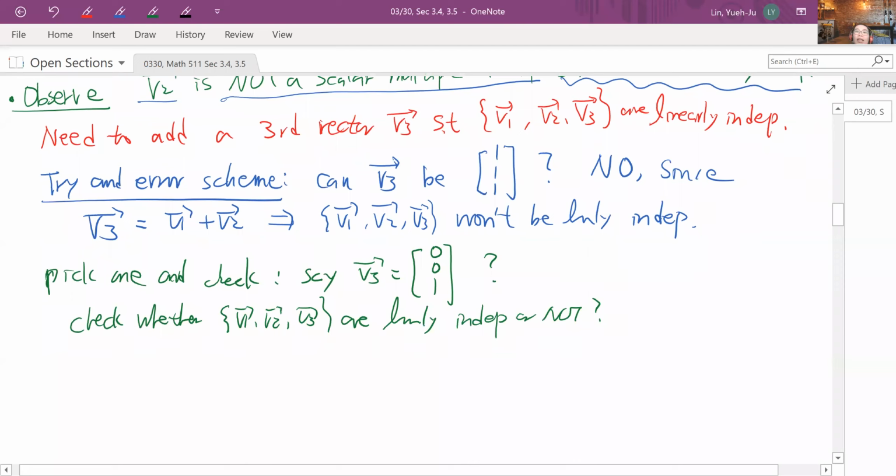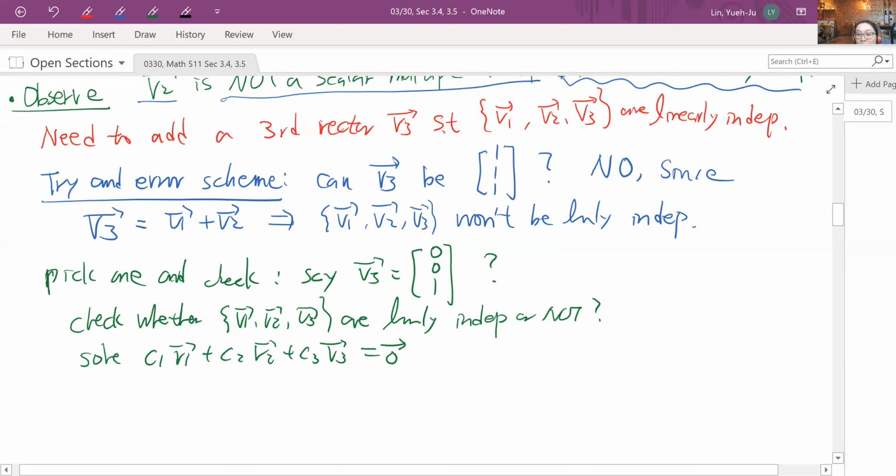That's why I said that in order to know 3.4, you really need to get 3.2 and 3.3 done. So I'm going to solve c1 V1 plus c2 V2 plus c3 V3 equals 0. This is something we learned in 3.3.